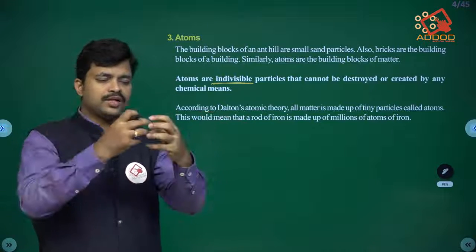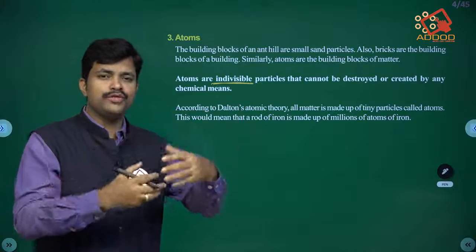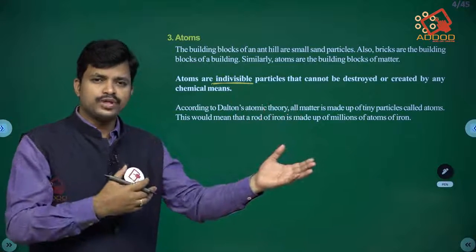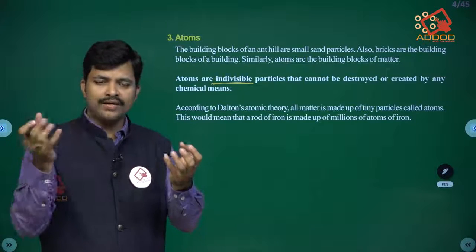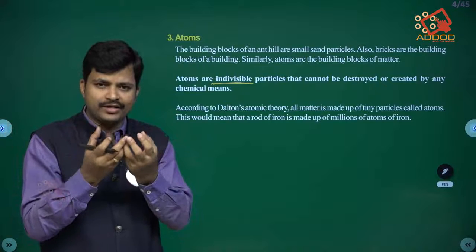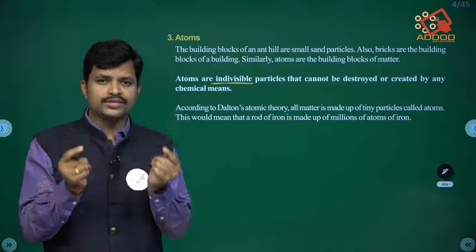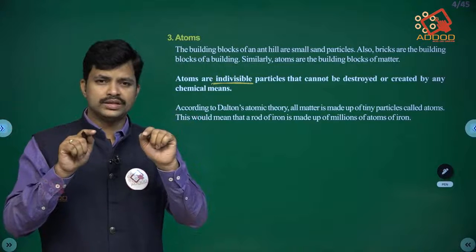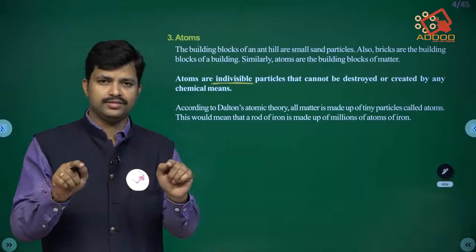If two molecules are colliding together to give a new material, how is it possible? One molecule has atoms, another molecule has atoms, and they are directly interacting. If molecules are interacting, it means the atoms of those constituent molecules are interacting.